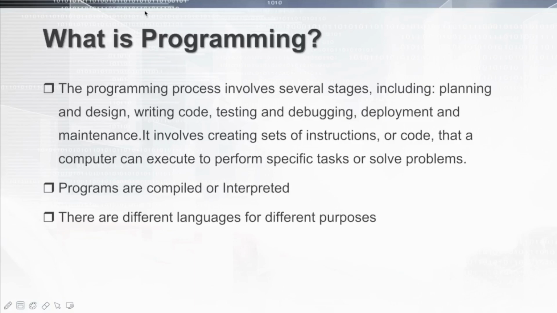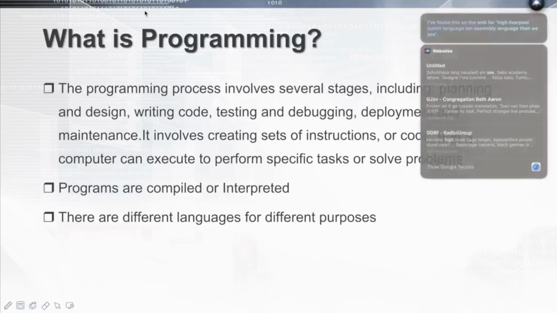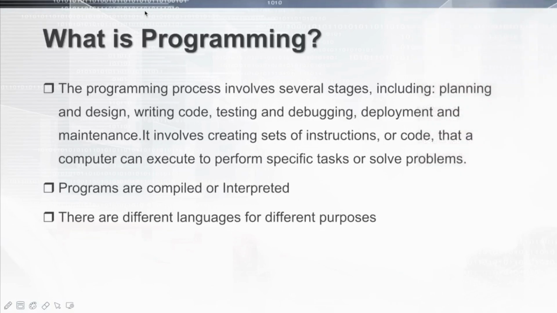So a code can either be compiled or interpreted. When a compiler is used to translate a program from, let's say, a high-level programming language to an assembly language, then we say the program is compiled. Okay, I found this on the web for high level. Sorry about that.